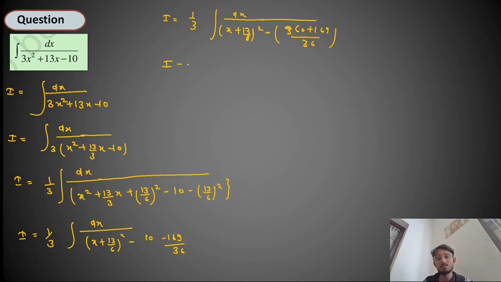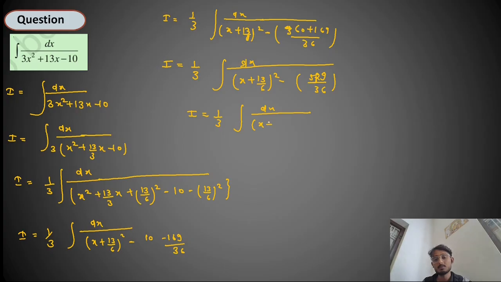So you will get 529 upon 36. So I equal to 1 upon 3 dx upon x plus 13 by 6 whole square minus 529 upon 36. 529 is the square of 23, so you can write it as 23 by 6 whole square.